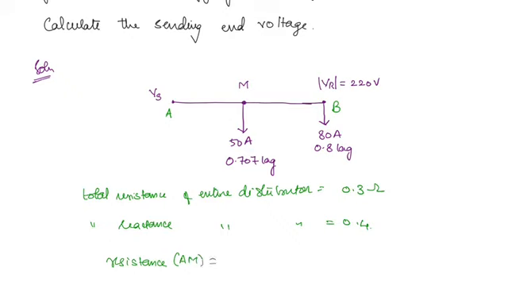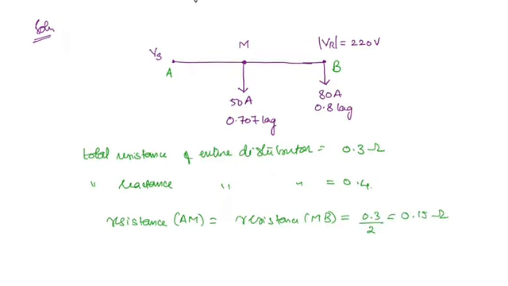This will be equal to the resistance of MB because they are both equal in length. M is the midpoint, so this is going to be 0.3 by 2, which is equal to 0.15 ohms. Similarly, the reactance of AM is equal to the reactance of MB, and this is going to be 0.2 ohms.